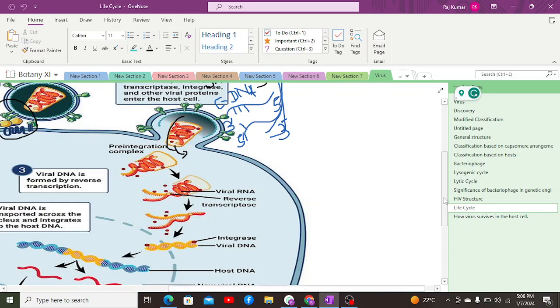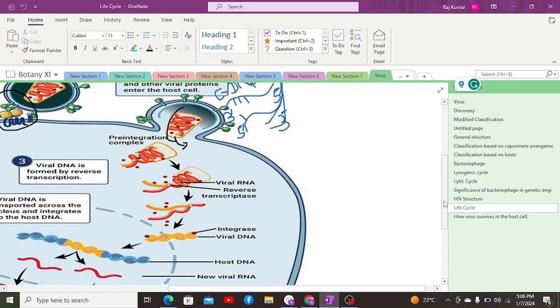Moreover, whenever RNA enters the cell, there is an enzyme present in the cell cytoplasm known as RNase, which can degrade the viral genome. So, in order to protect it, there are several viral proteins which also protect the viral genome from the RNase enzyme.